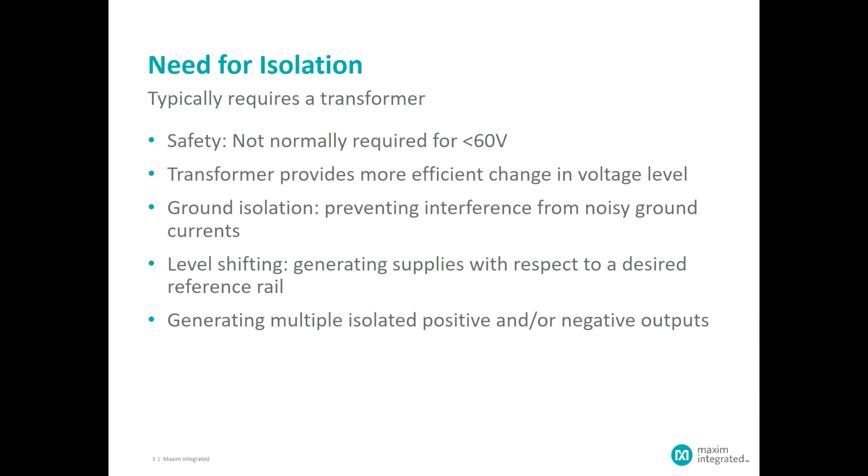So for the DC to DC controller we're talking about today, safety is not the reason for the isolation as much as the possibility of giving us efficient change in voltage level.